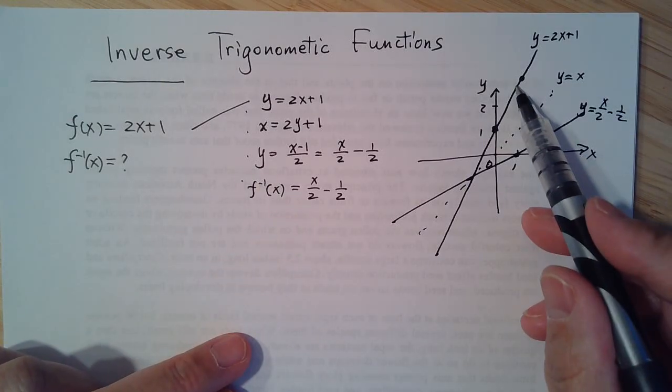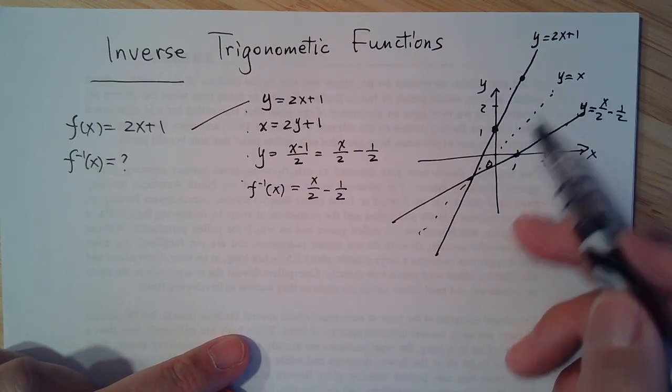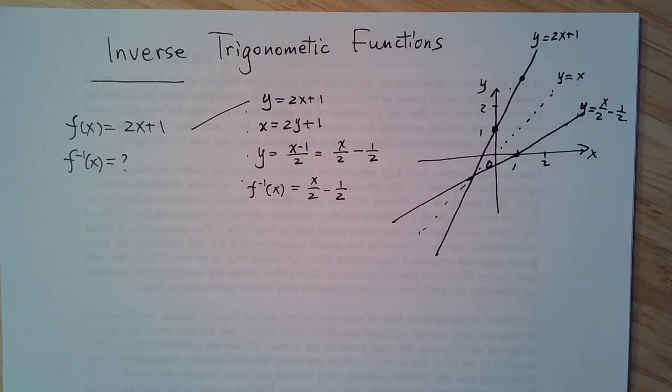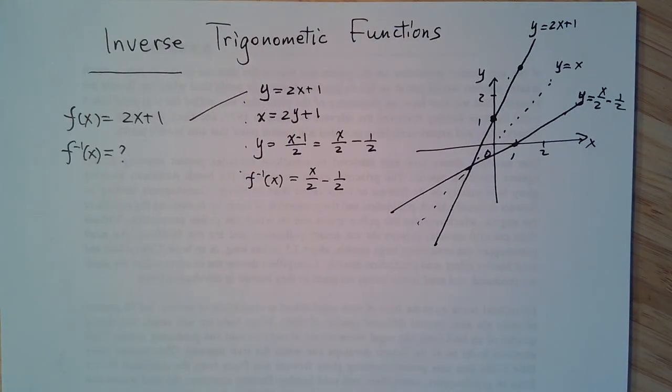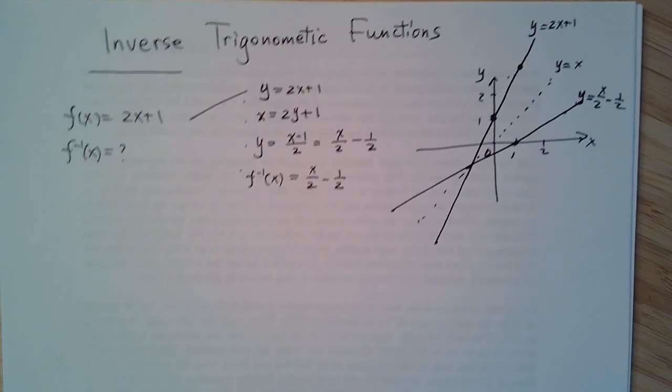So this is a function, and this is its inverse function. These two graphs should be symmetric along the y equals x 45-degree line. That's what we learned earlier for the inverse function. For the trig functions, of course, we know the 6 of them. Now we're going to learn the 6 inverse trig functions.